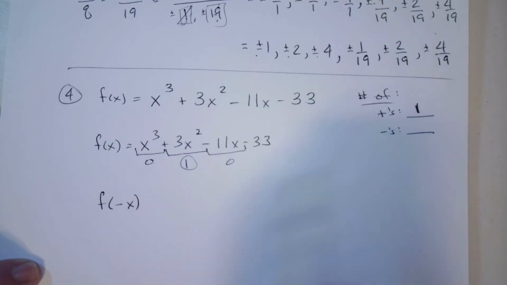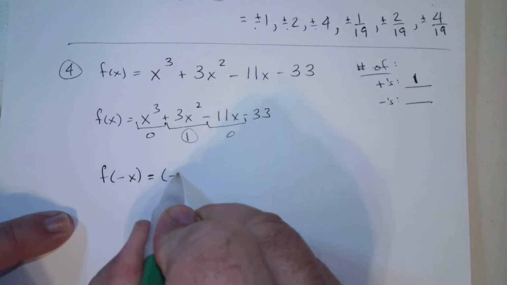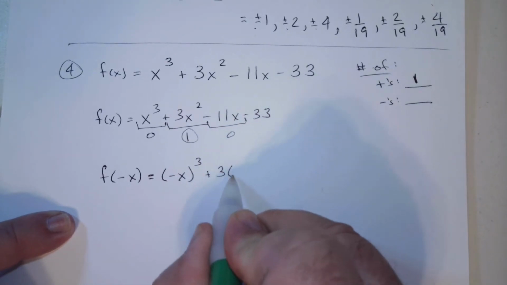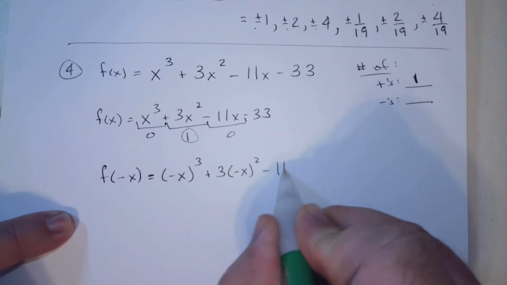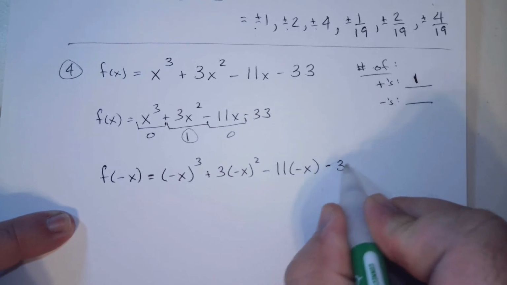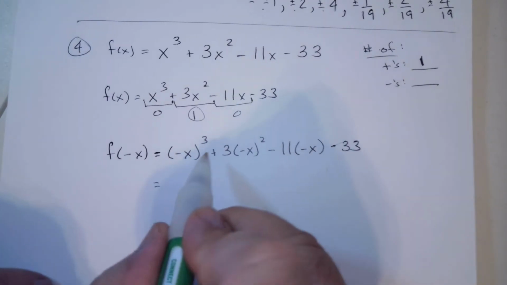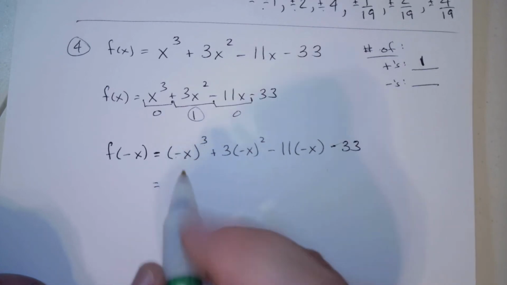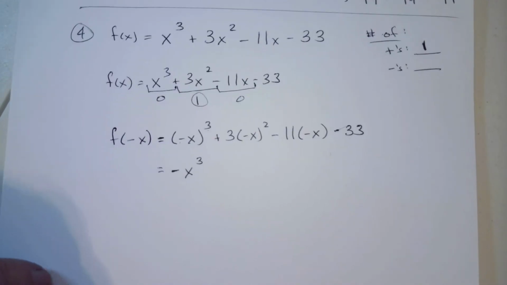To find the number of negatives, we change the sign of x. Negative x cubed plus 3 negative x squared minus 11 times negative x minus 33. Because this is an odd exponent, and that's negative, it's going to become negative.